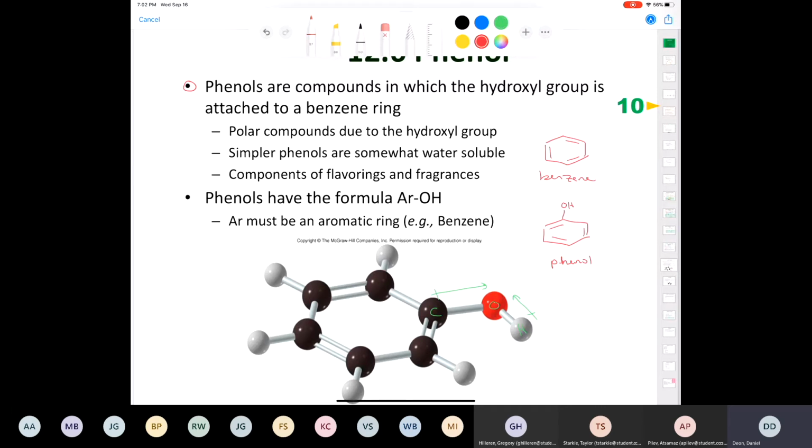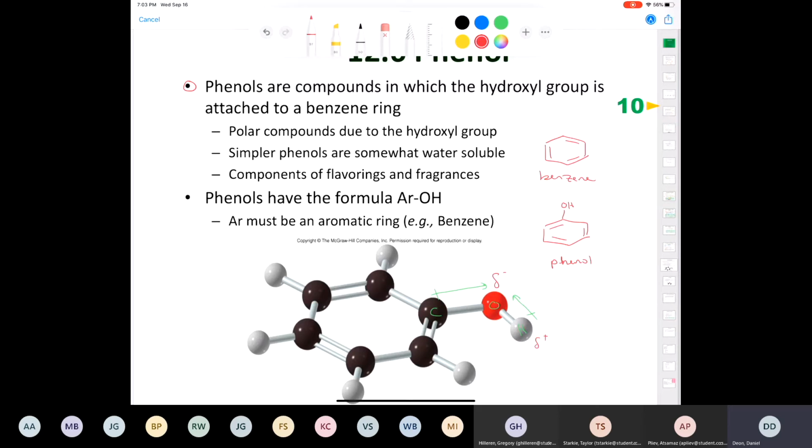You could also say the oxygen has a delta minus, the hydrogen has a delta plus, like that if you want. Simpler phenols are somewhat water soluble. Remember, I told you the cutoff was 4 carbons. Now, that's not some kind of hard and fast rule that Moses came down from the mountaintops with. That's just sort of a rule of thumb. So if you have a phenol, generally speaking, they're somewhat water soluble.